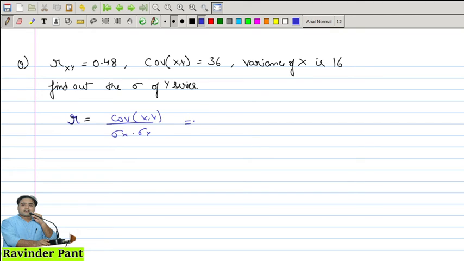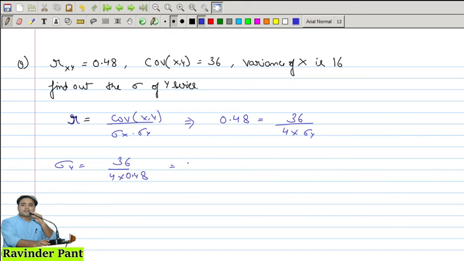So what we have here is 0.48 is equal to covariance, given as 36, divided by standard deviation of x, which is under root of variance, so 4, multiplied by standard deviation of y. We can easily do cross multiplication, and standard deviation of y will be 36 divided by 4 multiplied by 0.48.